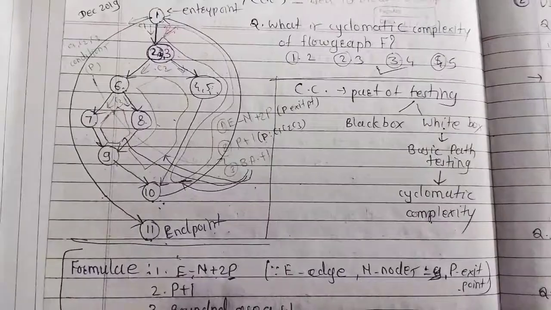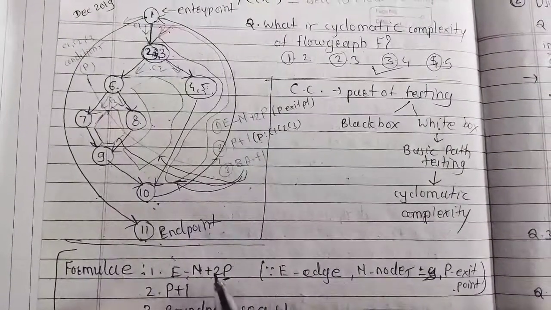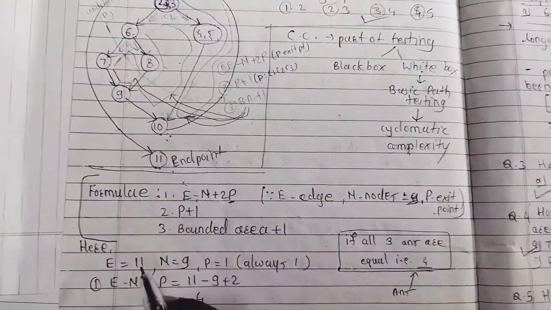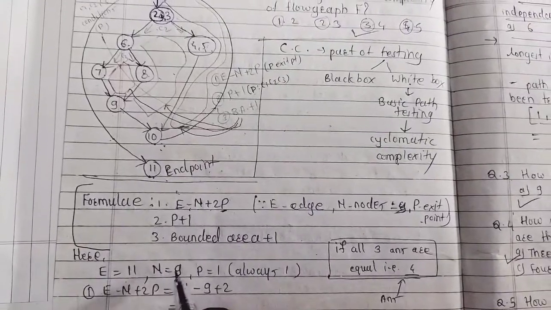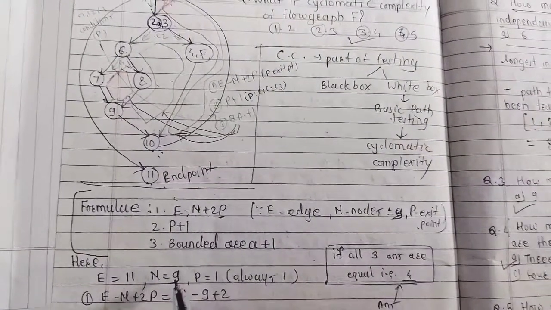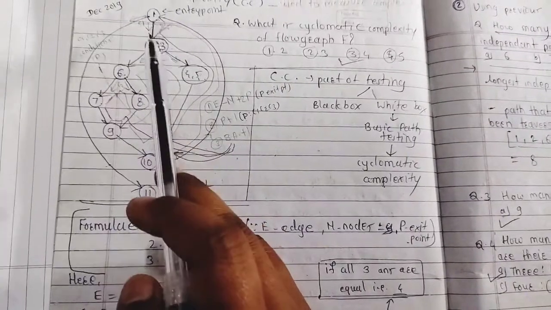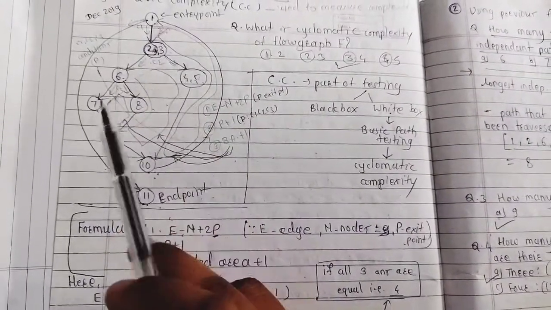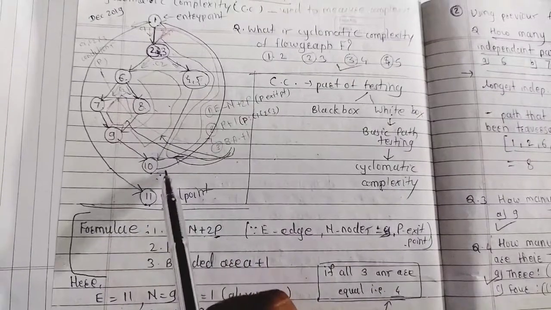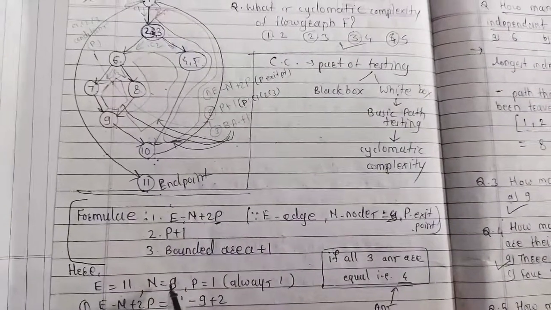So the number of edges is 11. Now n means nodes, also called vertices. How many vertices are there? 1, 2, 3, 4, 5, 6, 7, 8 and 9. So n is equal to 9.